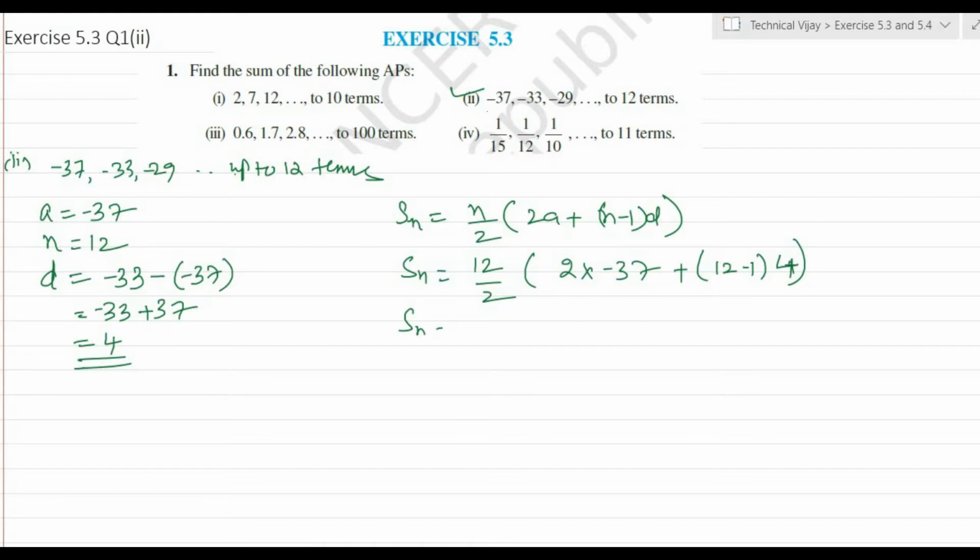So Sn is equal to 6 into 2 into 37, this is minus 74, plus 12 minus 1, 11, 11 fours are 44. So Sn is equal to 6 into minus 30. So Sn is equal to minus 180.